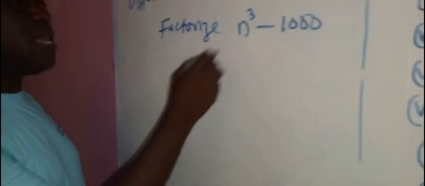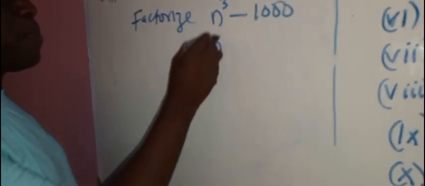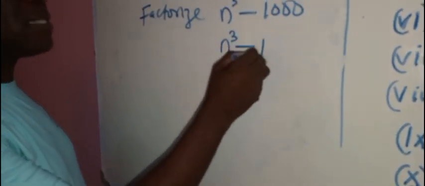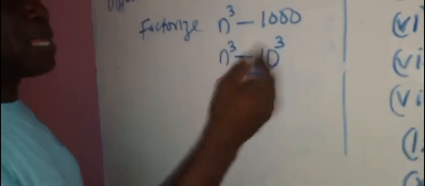Factorize n cubed minus 1000. Yeah, n cubed minus 1000. Can you see that? All right. This is n cubed. 1000 is 10 raised to power 3, 10 times 10 times 10.